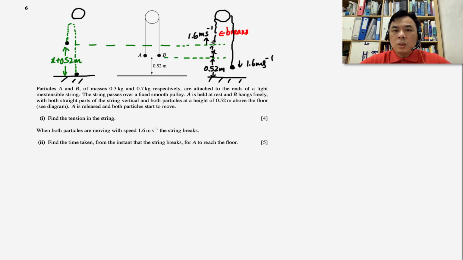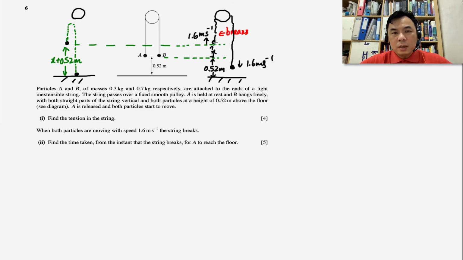And then the total distance from the moment when the string starts to break to the ground is given as x plus 0.52 meters.